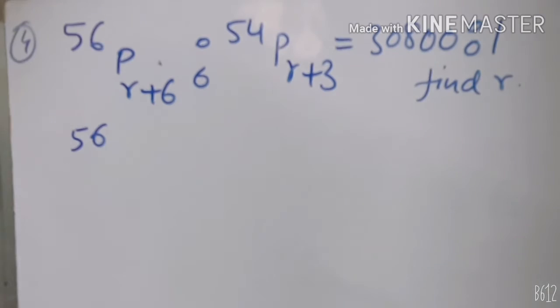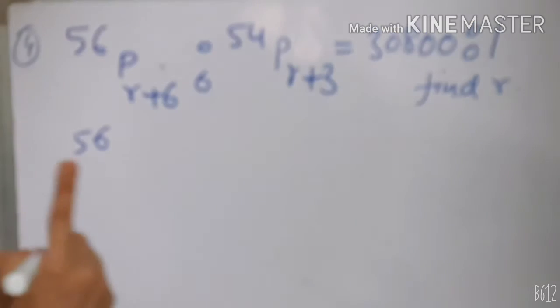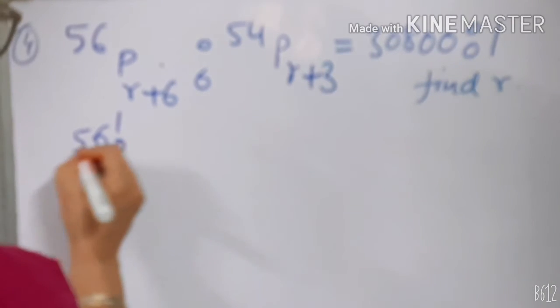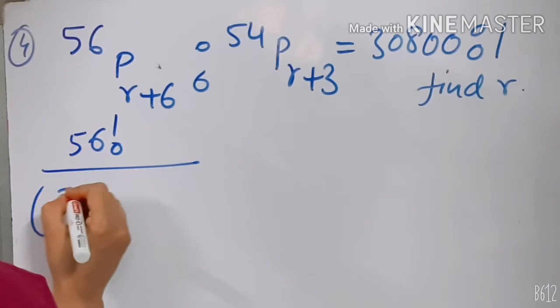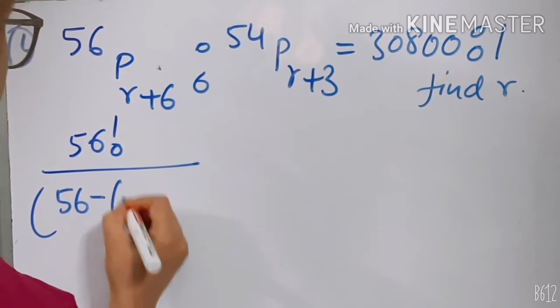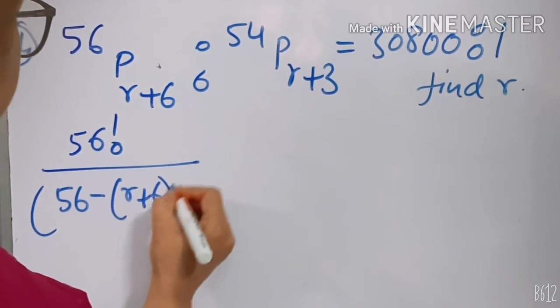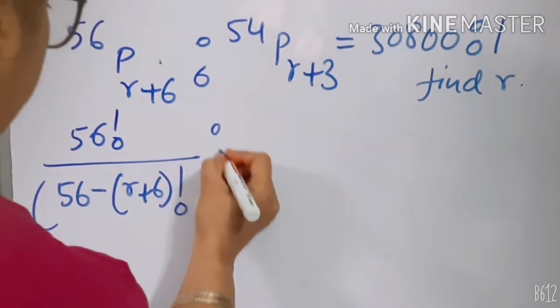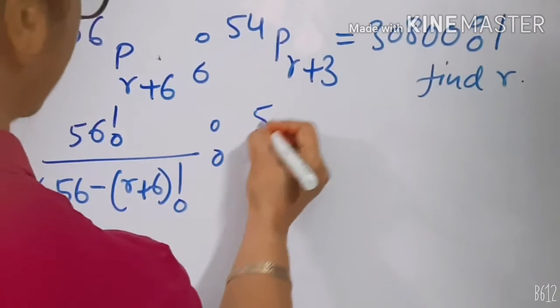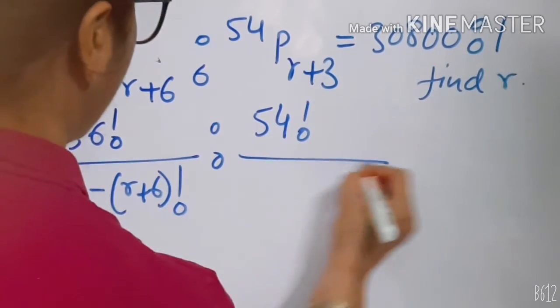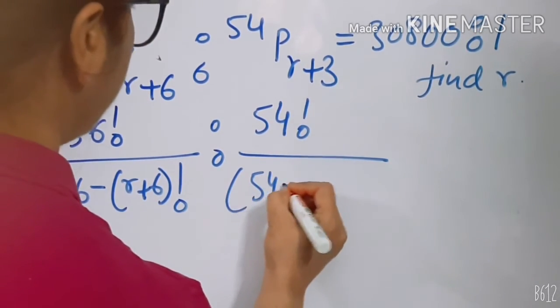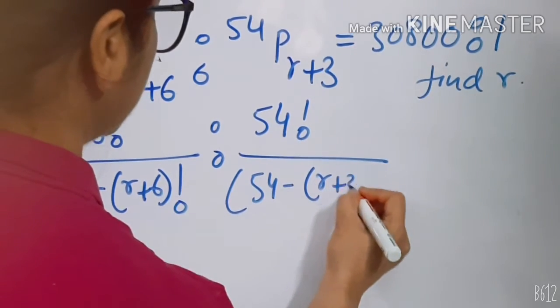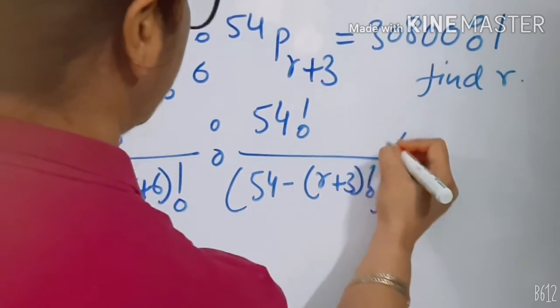First put the formula, n factorial by (n minus r) factorial. Your r is here, r plus 6. It's a ratio, I am keeping it like this only. It becomes 54 factorial by (54 minus (r plus 3)) factorial.